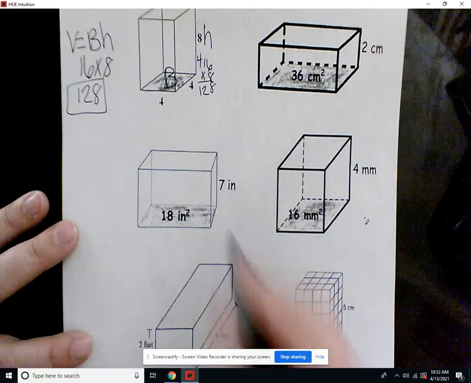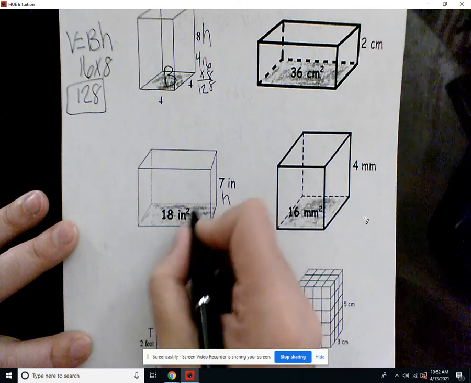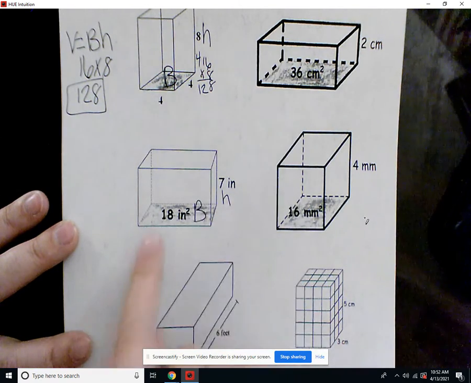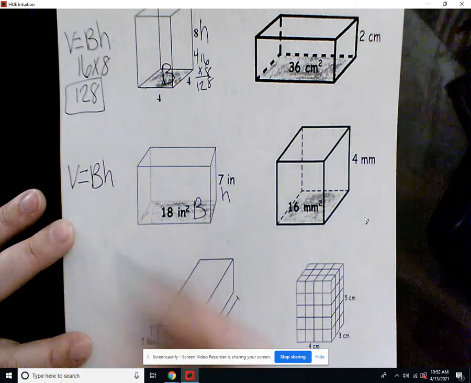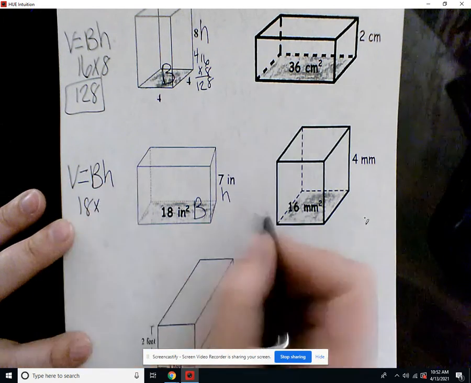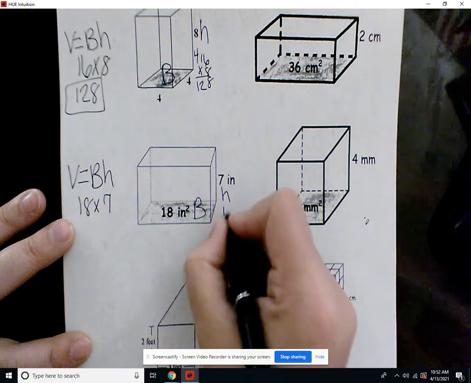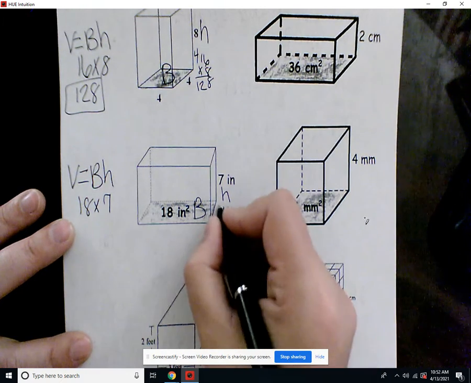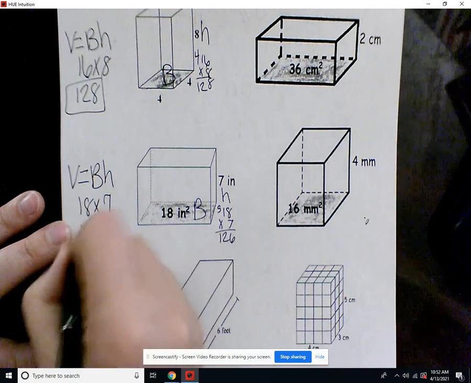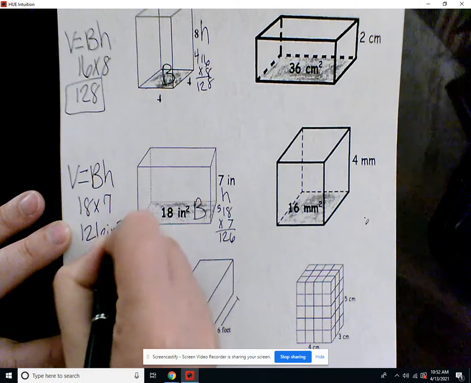Okay, so again, there's your height. That means the number left is our base. Since there's only 2 numbers, that's our big B. So big B is 18, height is 7. We multiply them together and we get 126 inches squared.